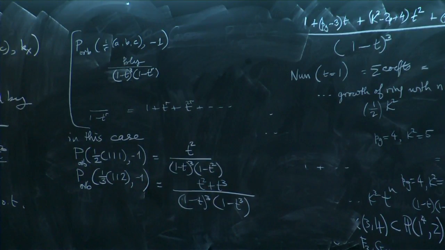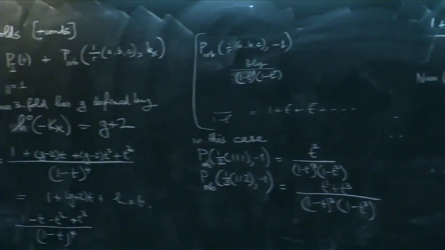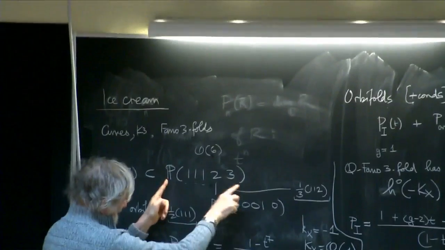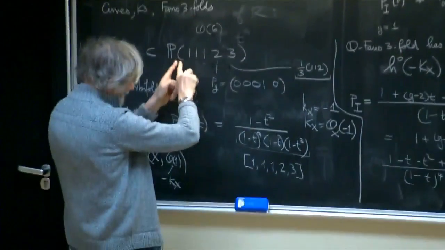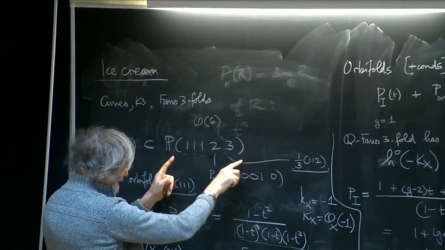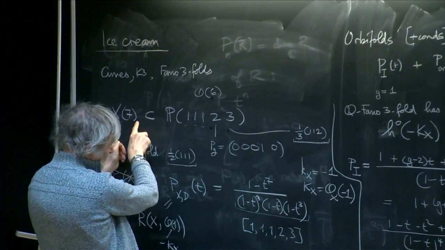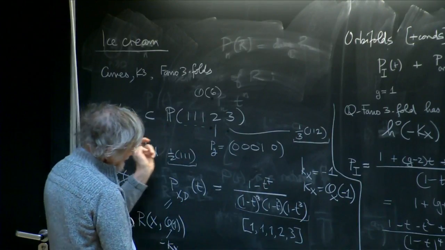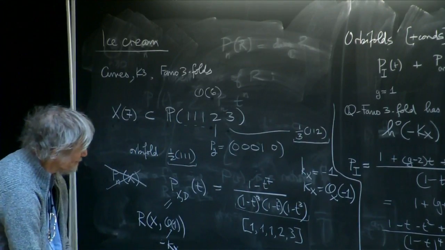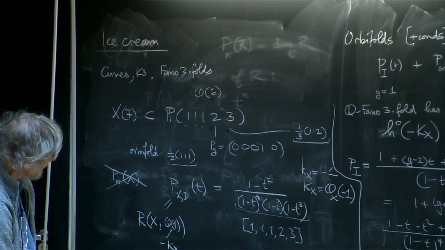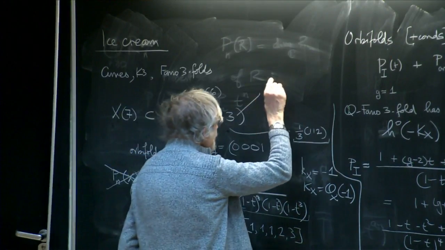I told you, you need some kind of experience at reading this formula. First thing, calculate the dimension of this space. And then calculate the canonical class of this guy. Something else you can calculate is the order of growth of the plurigenera.